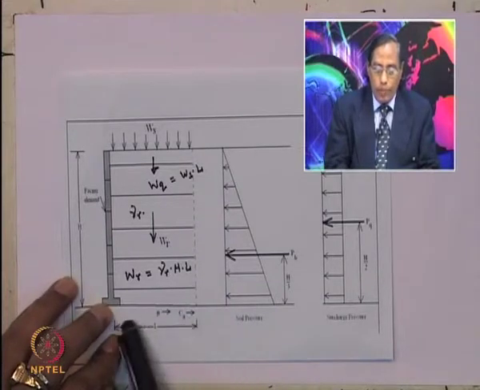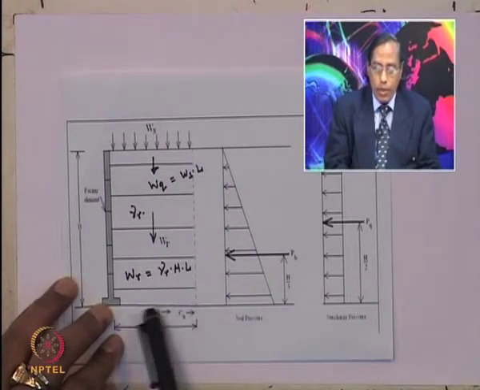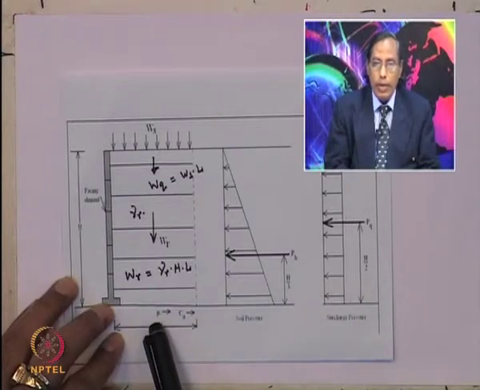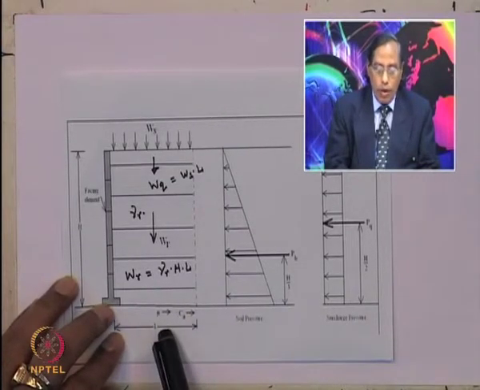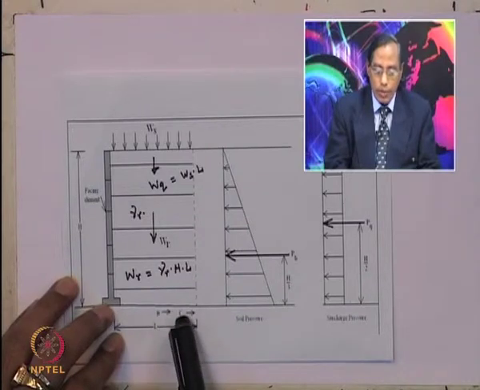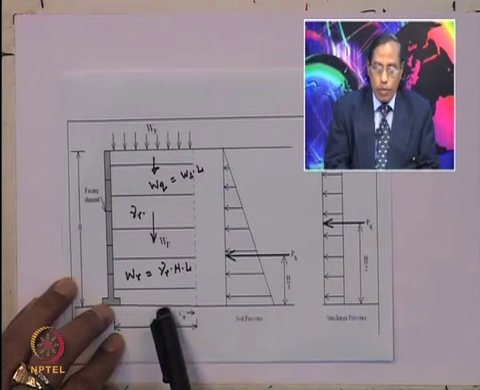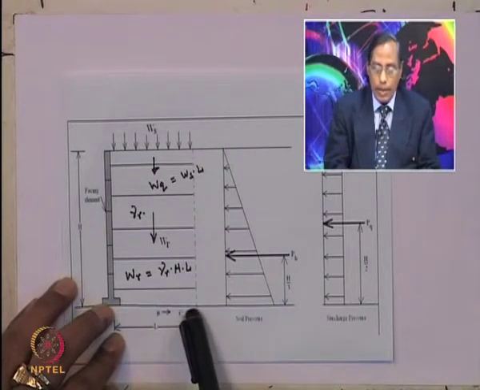If it is an entirely cohesionless soil, then you can take into consideration only mu or tan delta, the coefficient of shearing resistance between soil and the reinforcement. But if there is both cohesive and cohesionless soil, then you have to consider both these factors, mu and also the adhesion.